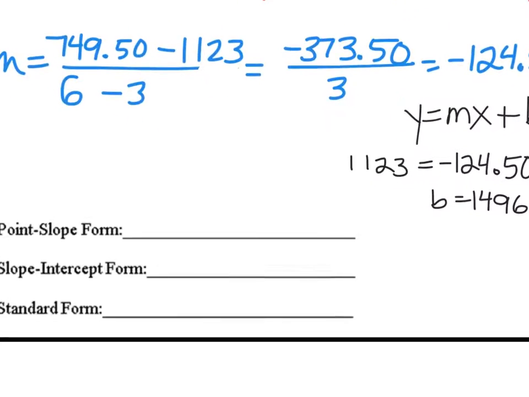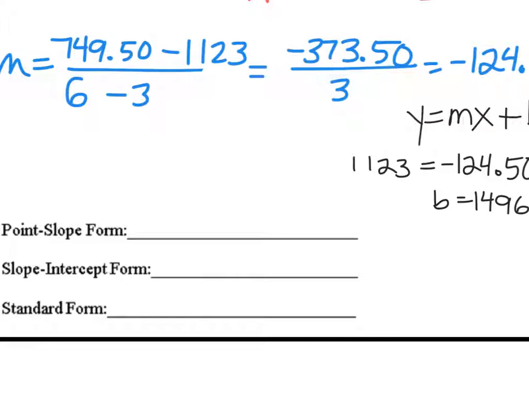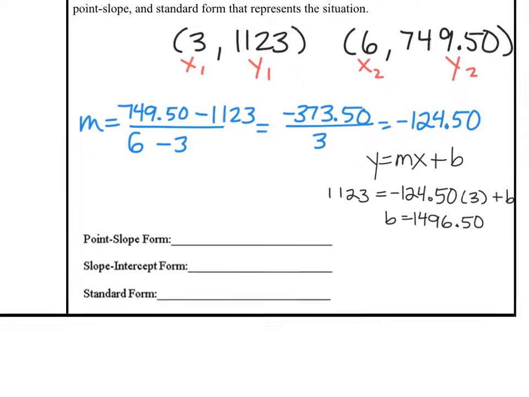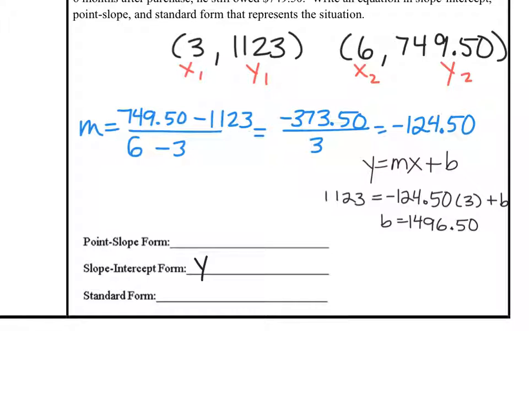So let's go ahead and write point slope form. No, slope intercept form. We have that one done. y equals negative 124.50x plus 1,496.50. You could reverse the order of these. Sometimes in problems like this where I'm taking something off, I start with the b first and then put minus 124.5x. Either way.